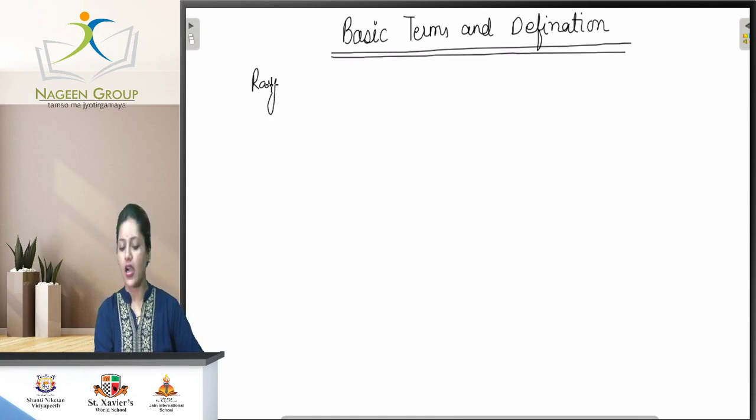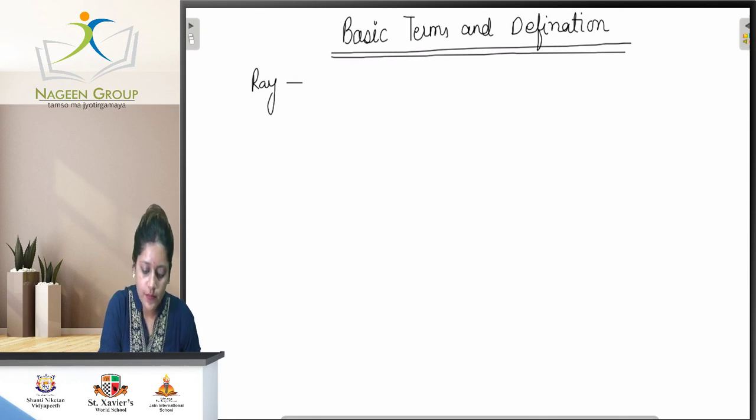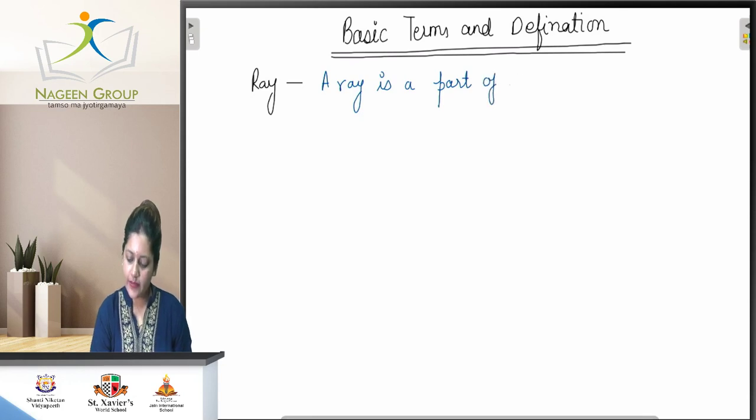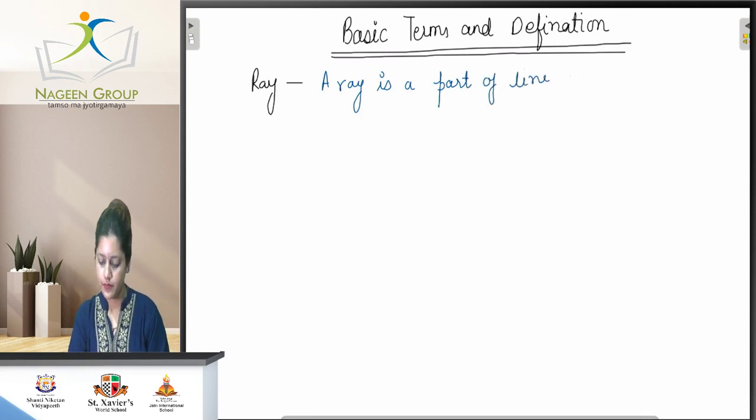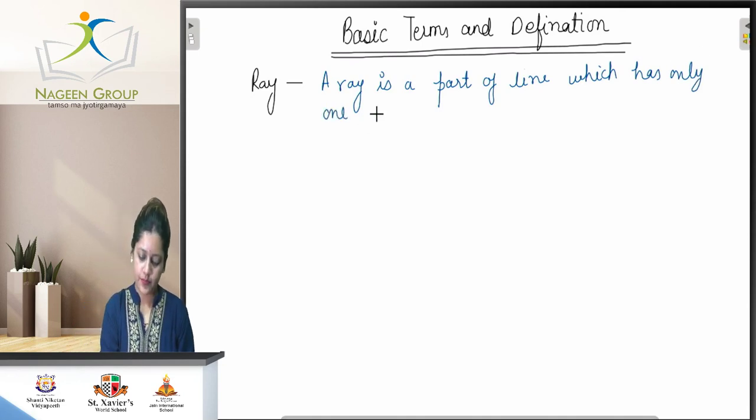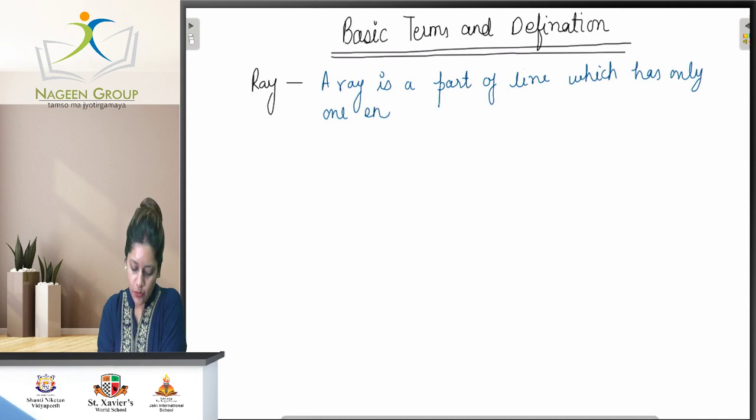A ray is a part of a line which has only one endpoint.